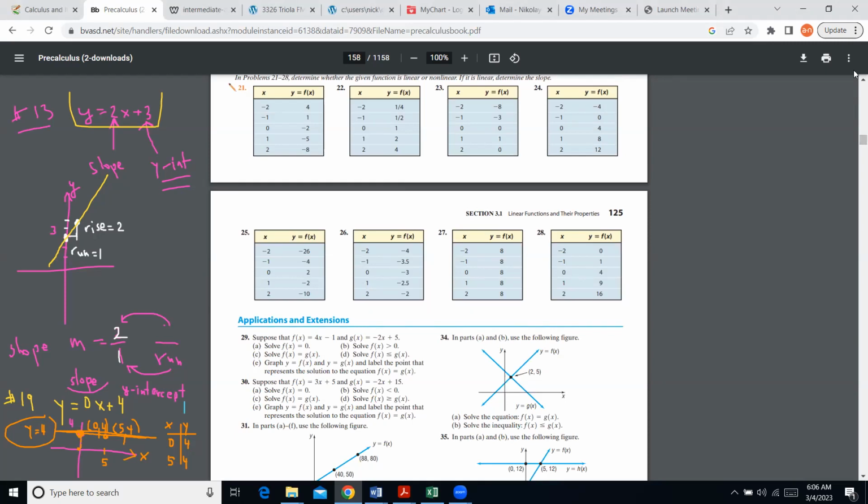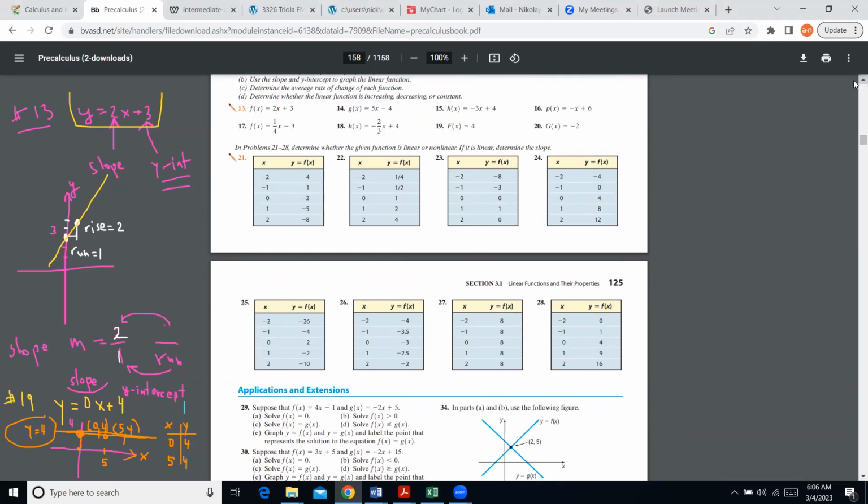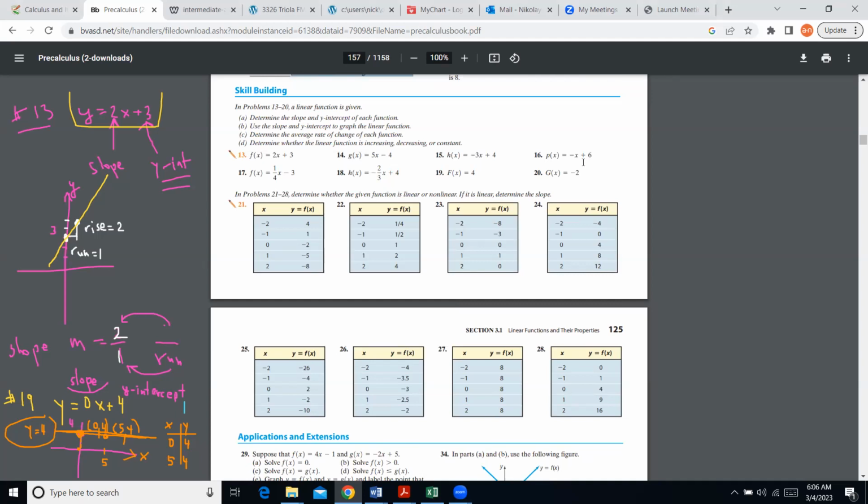And notice that this section is pretty short. The section just has a few exercises, and then we have applications that I told you not to worry about.